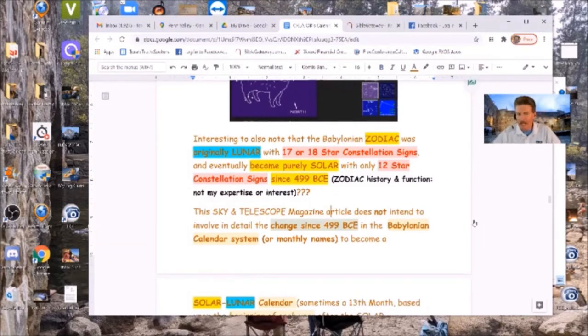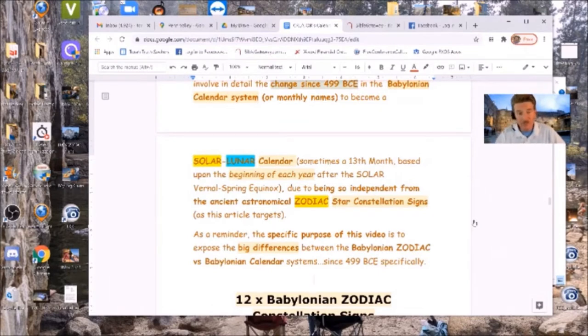This Sky and Telescope magazine article does not intend to go into detail about the change since 499 BCE in the Babylonian calendar system or the monthly names. There's no mention of the monthly names of the Babylonian calendar, which since then became a solar-lunar calendar, sometimes with a 13th month, based upon the beginning of each year after the solar vernal, that's the spring equinox.